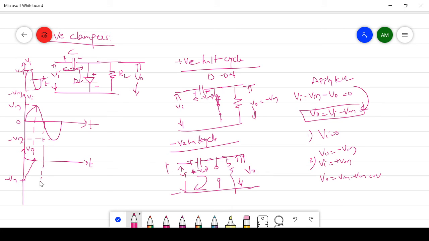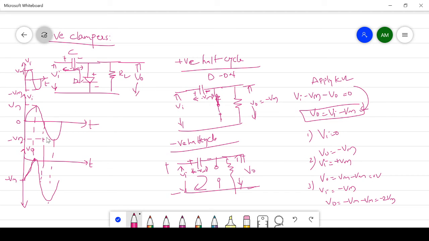Again it comes down to 0 volts. Next, whenever we apply the negative Vm, that is when Vi is equal to minus Vm, then V0 is equal to minus Vm minus Vm, that is minus 2 Vm. So this is the output voltage waveform.